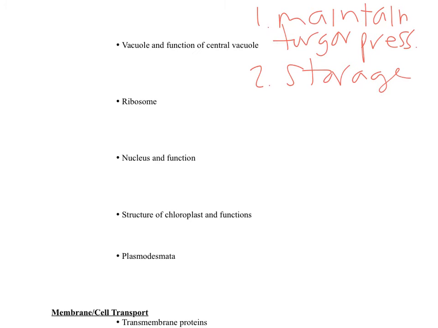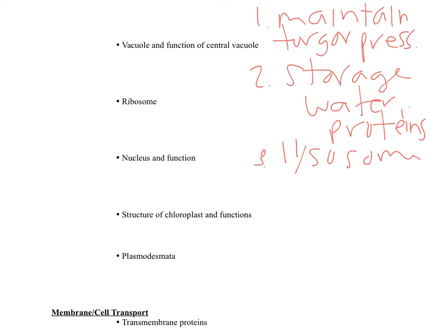It can also store protein, enzymes, waste, all kinds of stuff. Another one that it does is lysosome activity. Because plants do not have lysosomes, plant vacuoles do that job of breaking down the organelles and any unneeded cellular materials.